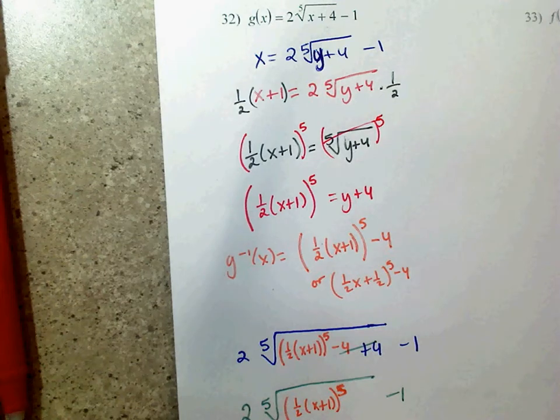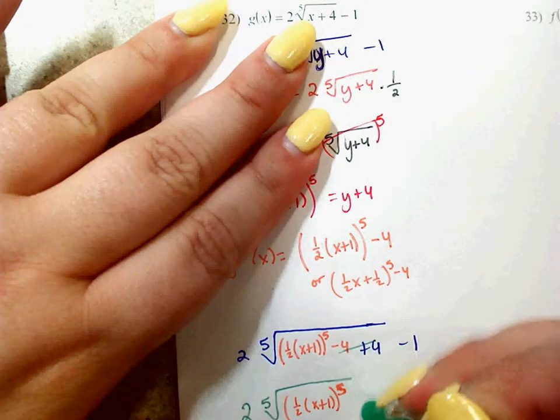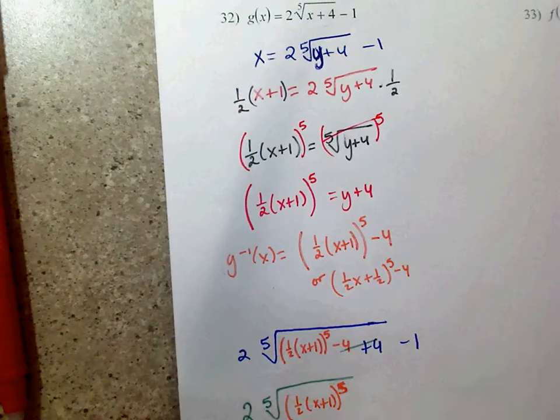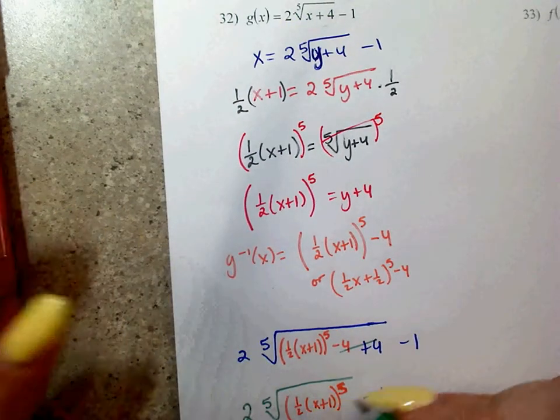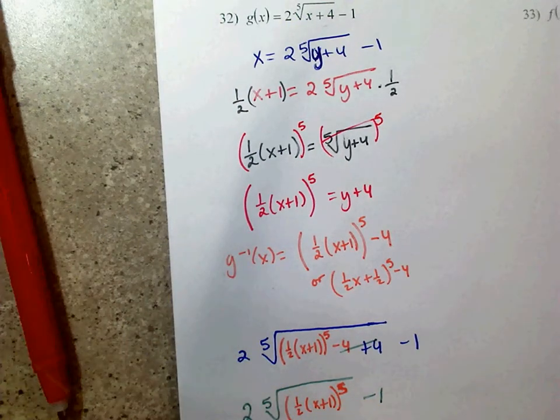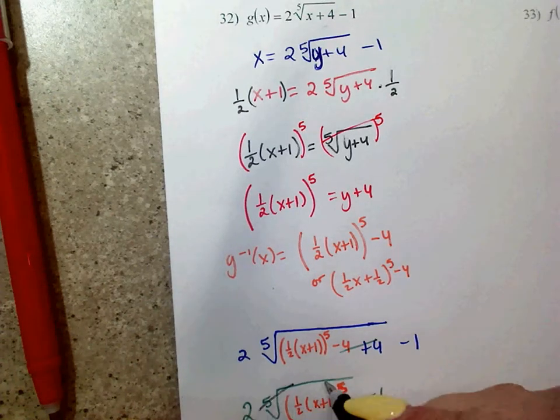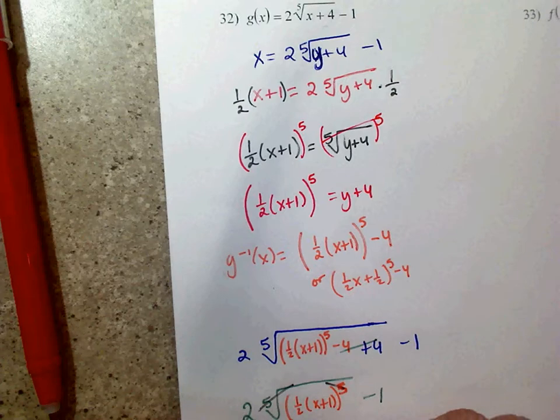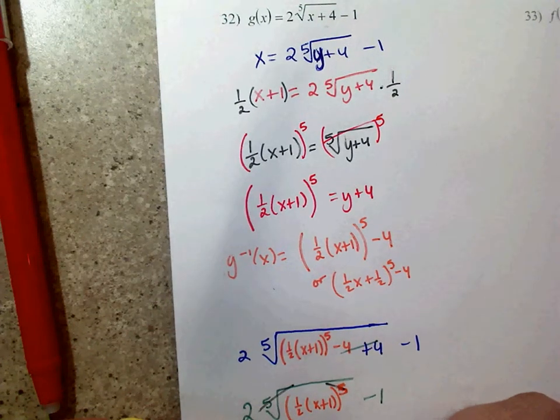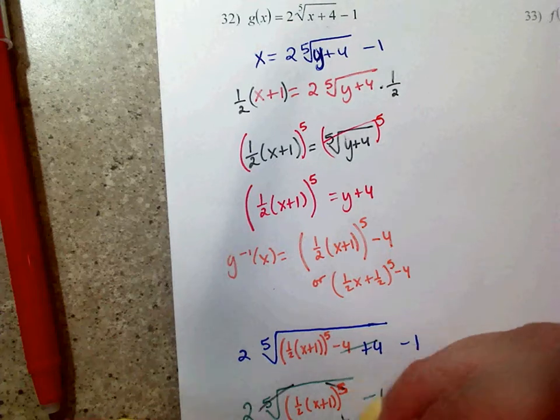So the next thing to go, the outermost thing acting on this expression is the 5 in the interior, and the 5 and the 5th root will cancel each other out. So I've got 2 times 1/2 times x plus 1. No more 5th power. Minus 1.